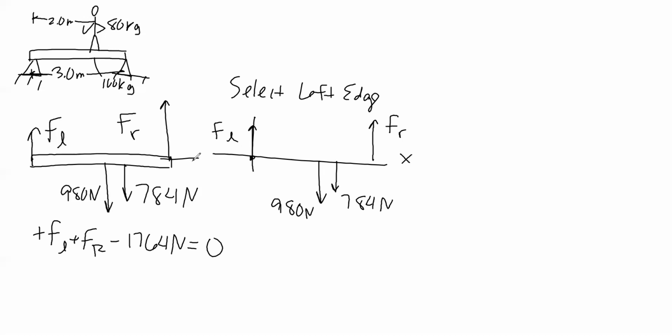Calculating the torque around this origin is pretty straightforward. Because we have our moment arm for each of the vectors. The first one, the 980 force, is going to create a negative torque, because on its own, around the left edge, that 980 newton force would make the thing rotate clockwise. So it exerts a negative torque. Summing that up, it'll be minus 980 newtons times 1.5 meters.